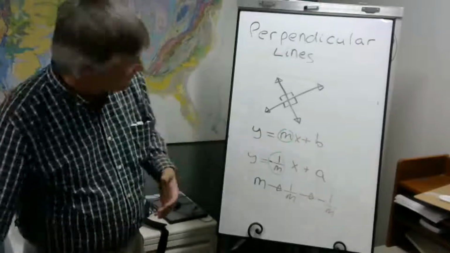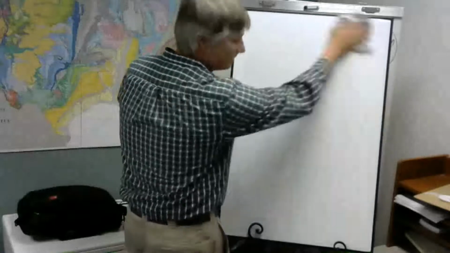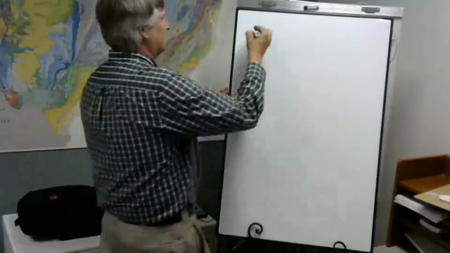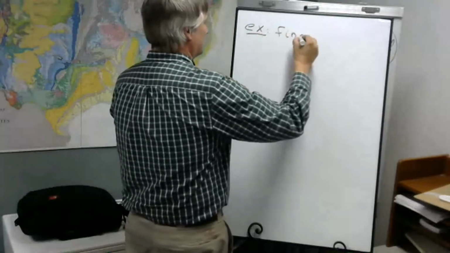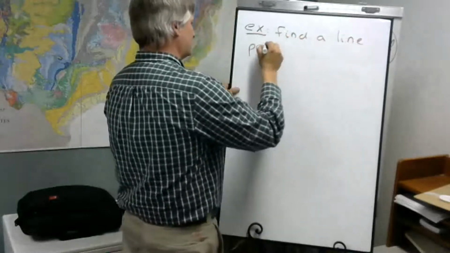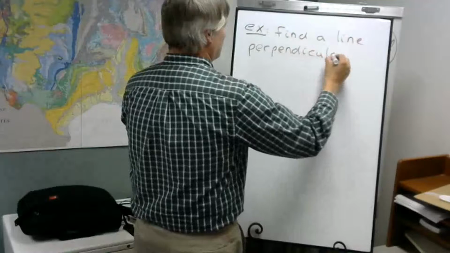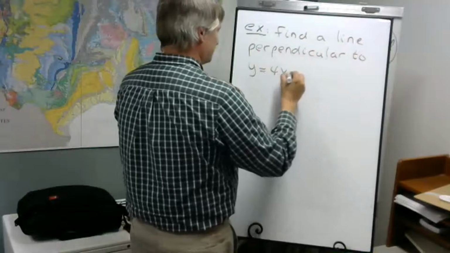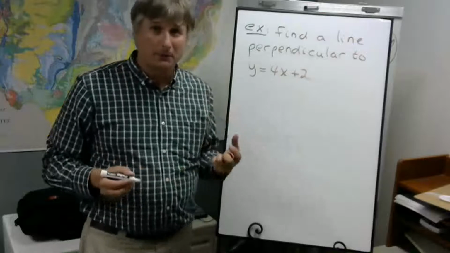So let's take a look. Let's find a line that's perpendicular to y equals 4x plus 2.